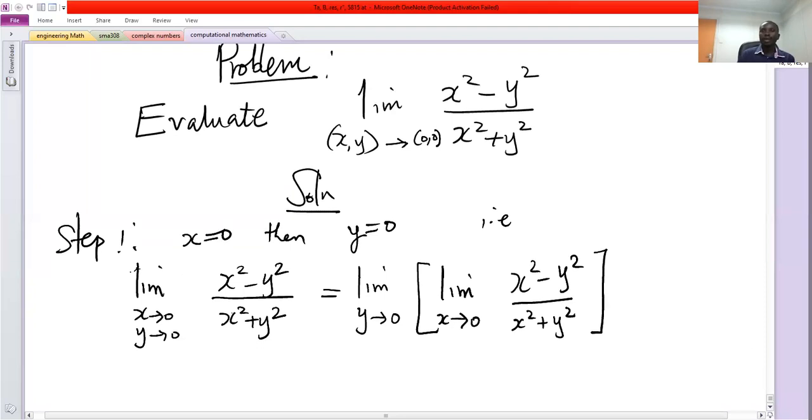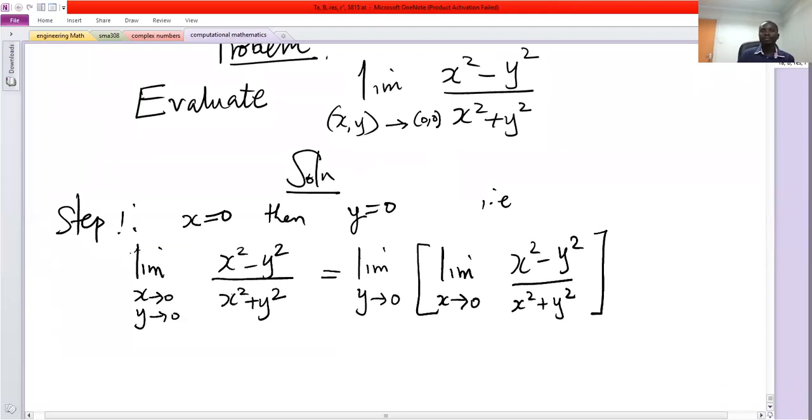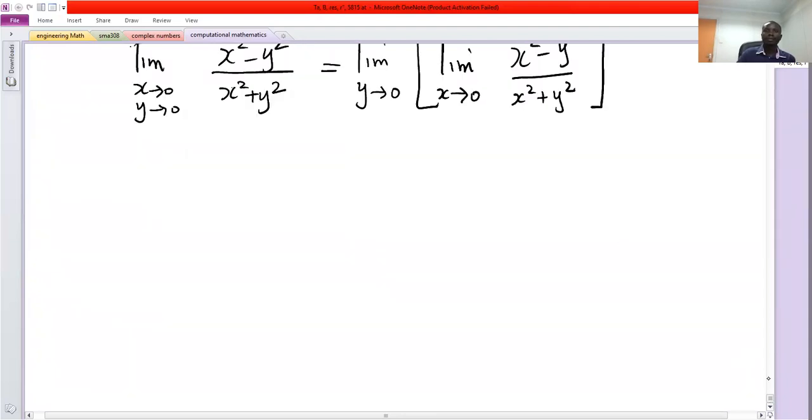So this square bracket, we evaluate the limit by simply doing direct substitution.